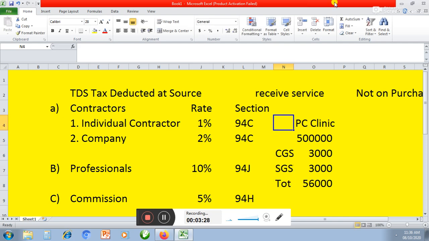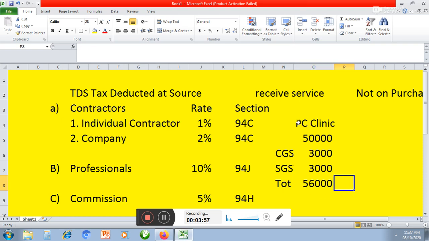This is just an example. I received the service from PC Clinic, and he gave me the maintenance contract bill of 50,000 with CGST and SGST, total 56,000.